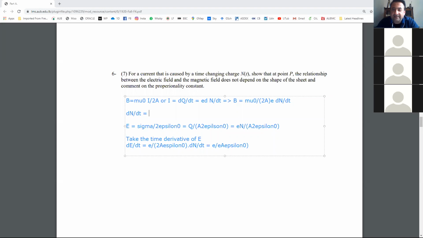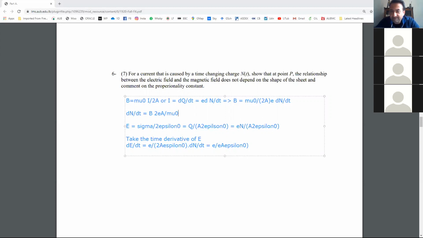So dN over dt is equal to mu 0 over 2A e multiplied by B. No, sorry, it's B multiplied by 2eA divided by mu 0.